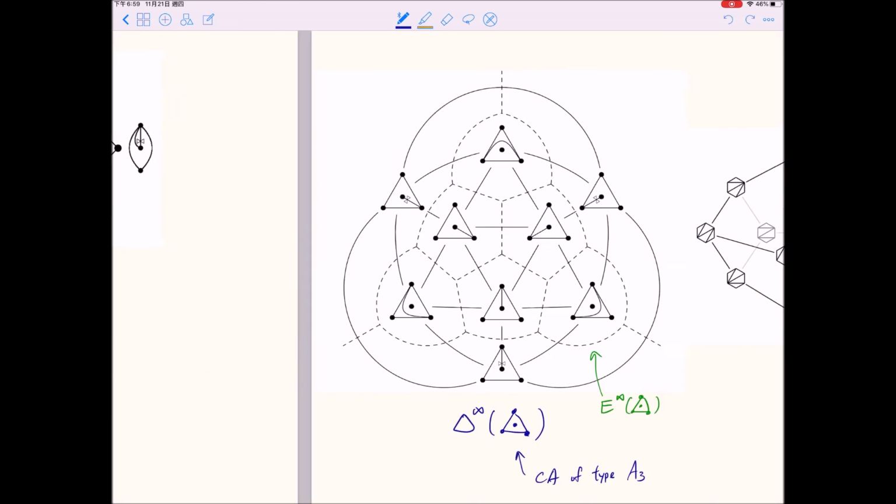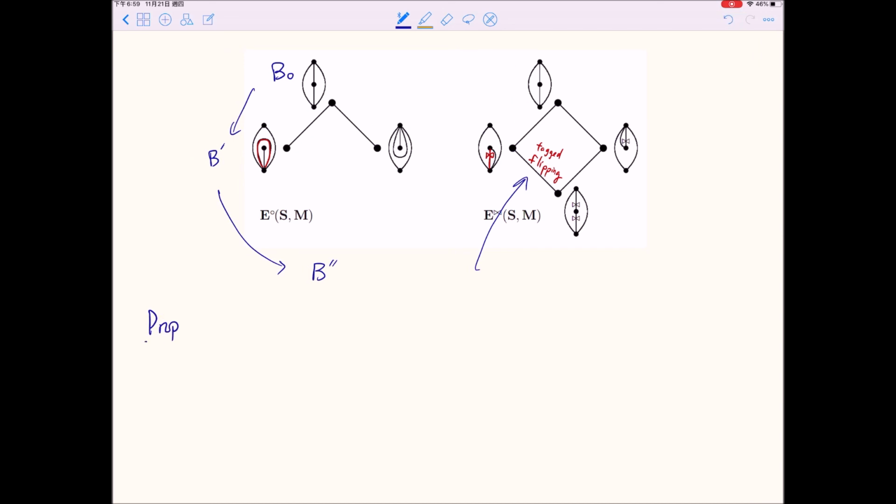So I have some free space here, so let me first write the proposition. This is a small observation: if your surface is not closed, so it has a boundary, and has exactly one puncture, then the dual graph and the arc complex are connected.